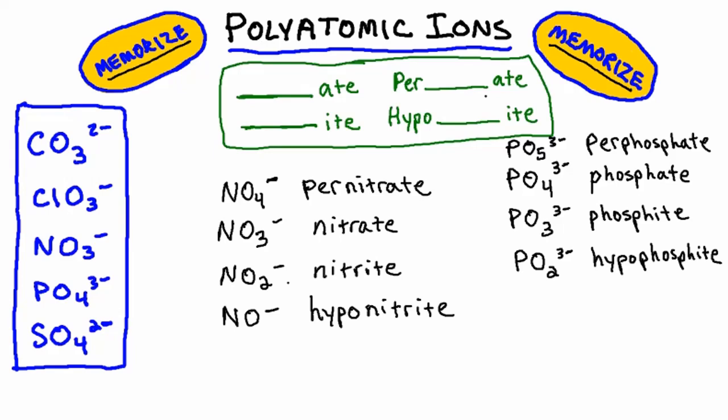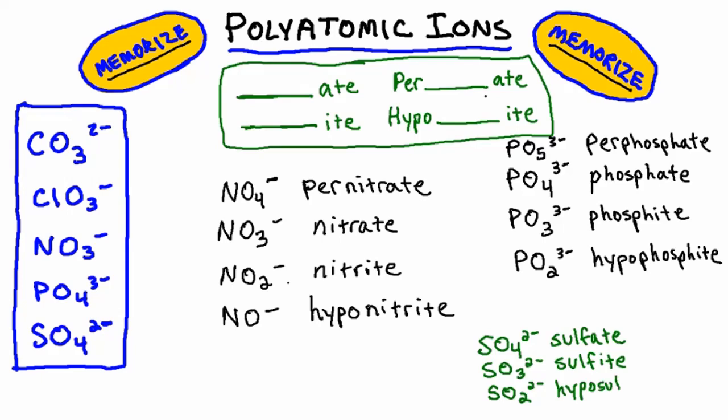Okay, now one more. And we'll change colors just so it's easier to see. So we have sulfate, which is SO4 with a 2 negative charge. Sulfate. And so if we had one less oxygen, SO3 with a 2 negative charge, that would be sulfite. If we took away another oxygen, so we only have SO2 with a 2 negative charge, that would be hyposulfite.